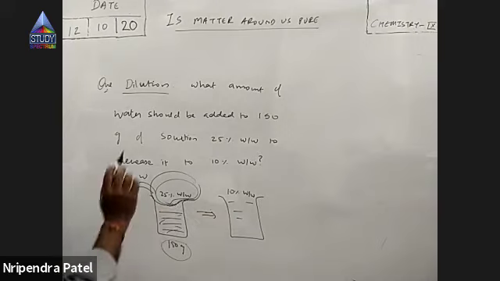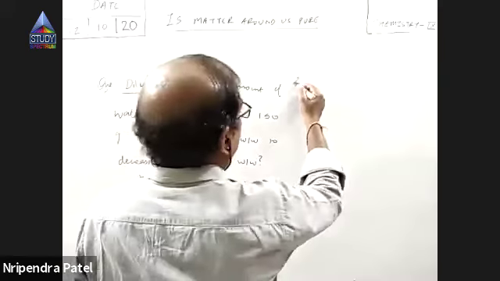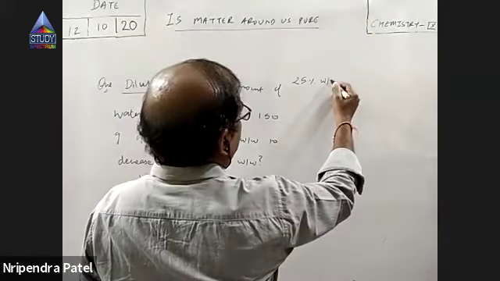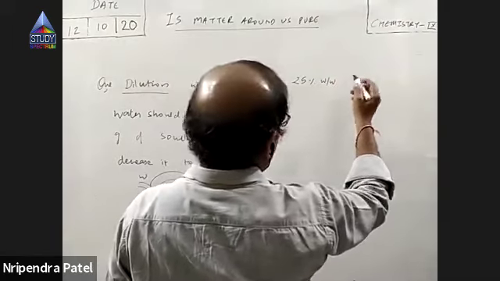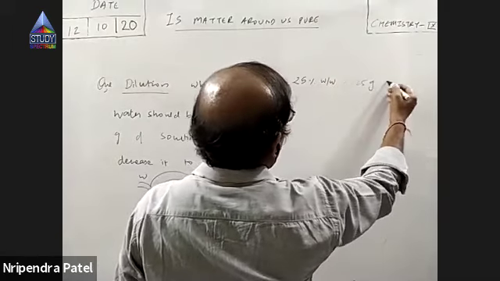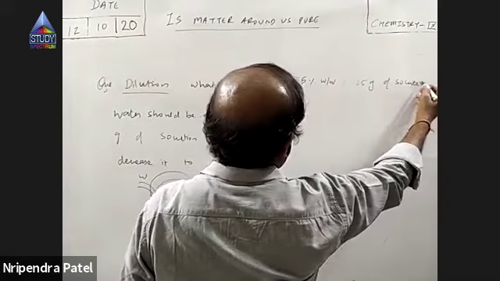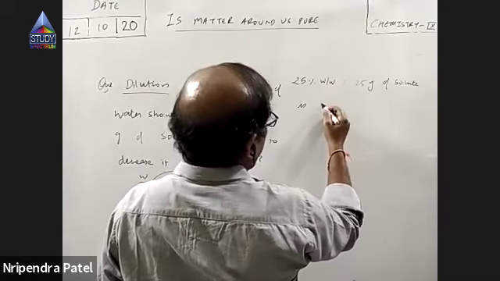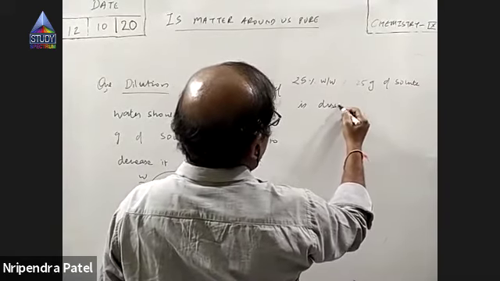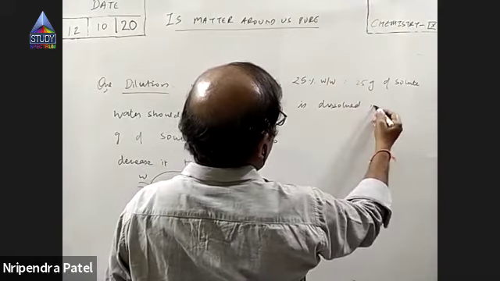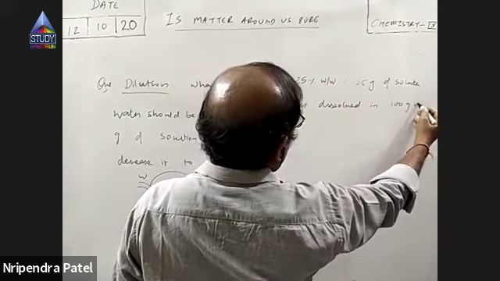25% W/W means what? Think about what it means first. 25% W/W implies 25 gram of solute is dissolved in 100 gram of solution.